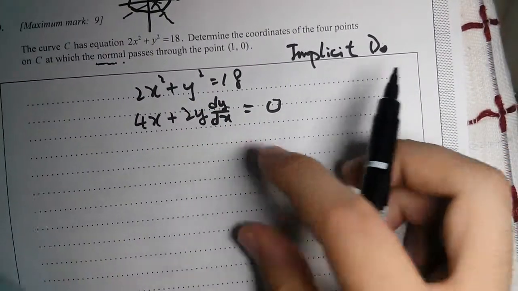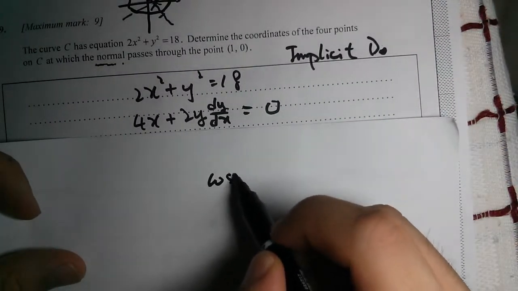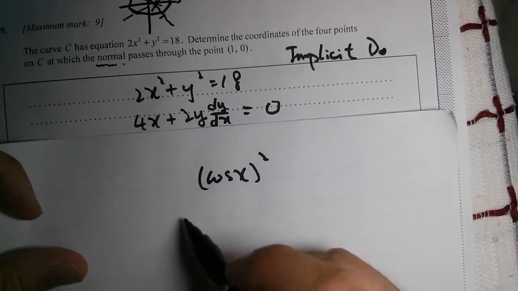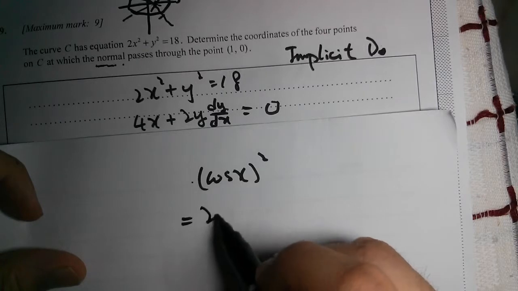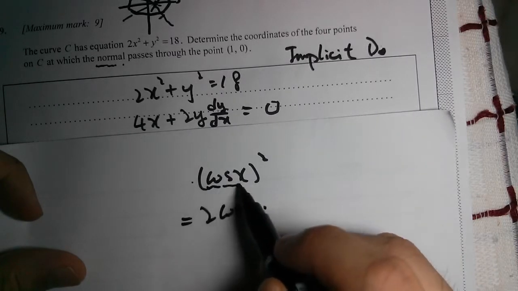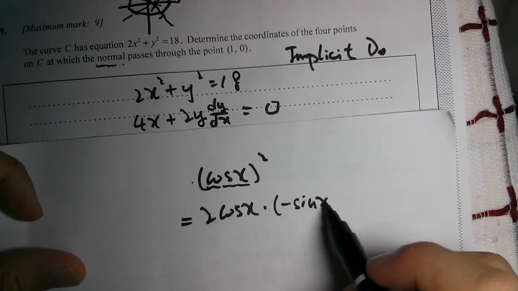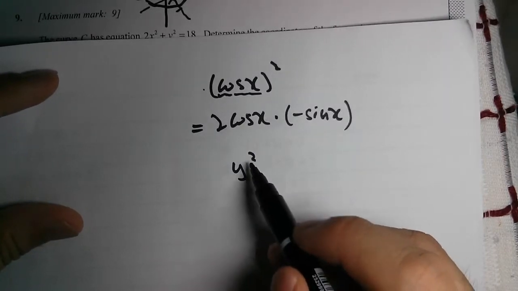For an implicit function, let me do a quick explanation. This is basically the chain rule. Imagine you're differentiating cosine squared, what would you do? I hope you're familiar with this. You would drop the 2 down, then cosine, times the derivative of cosine, which is negative sine. Differentiating y squared with respect to x is exactly the same.